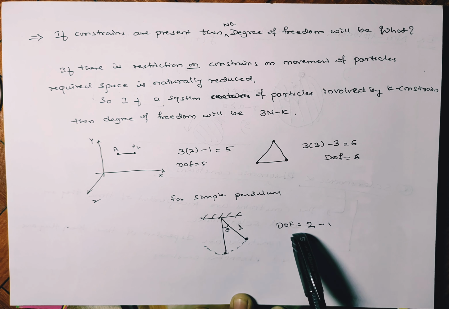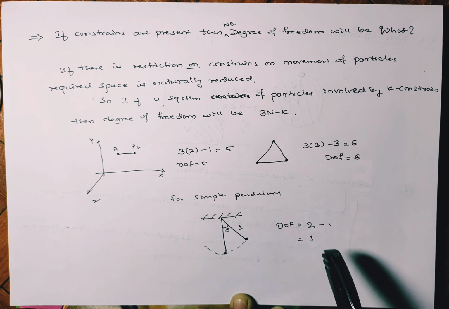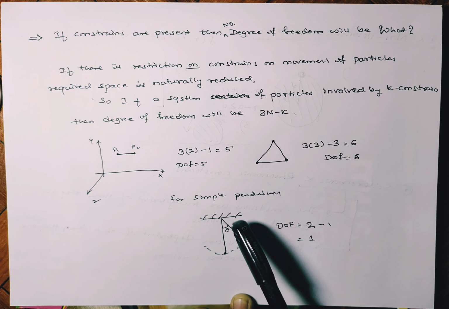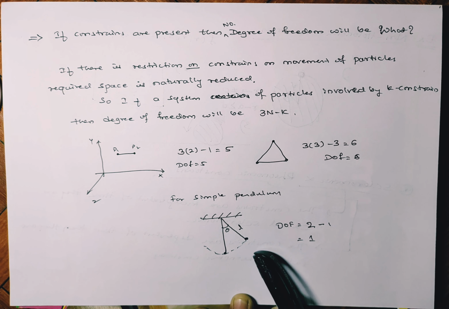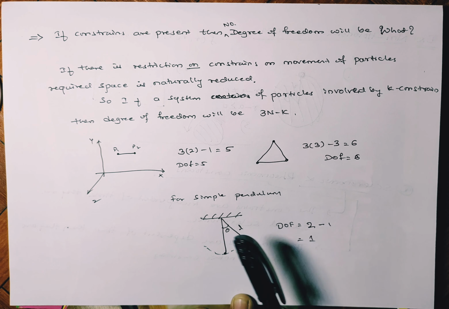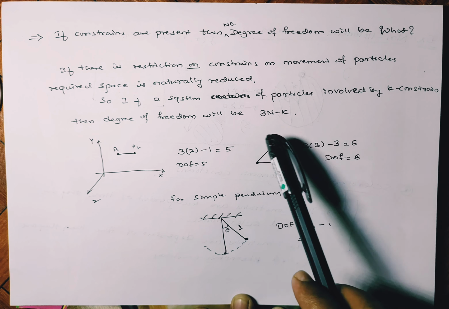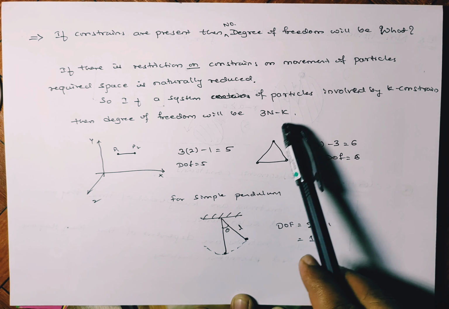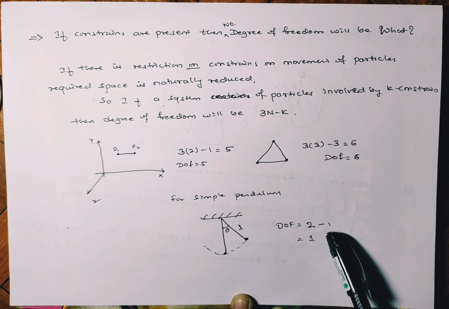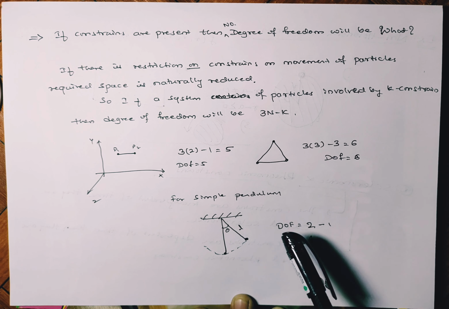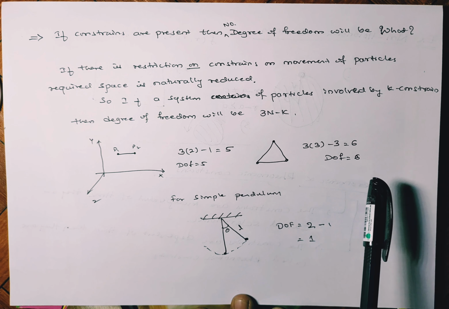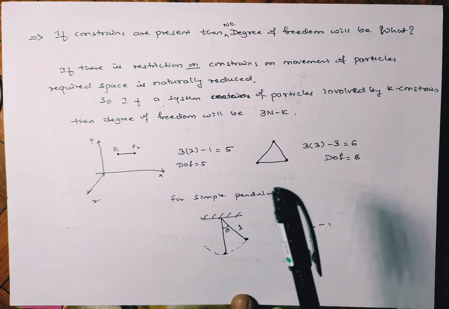So 2 minus 1, the degrees of freedom is only 1 for this simple pendulum case, right? Means when a constraint is present, we can write the degrees of freedom as 3n minus k, or as the number of variables minus constraints. Means if constraints are present, naturally the required space is reduced. Okay, that's it.